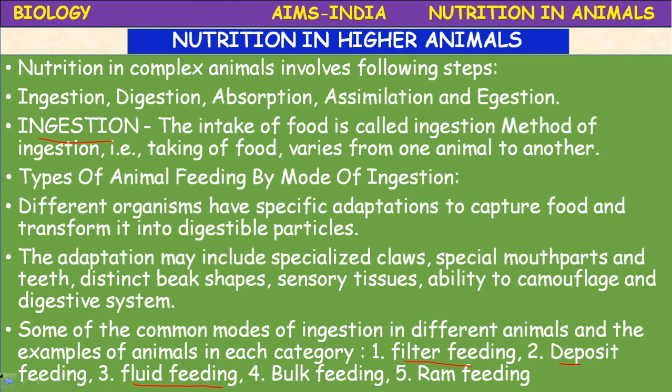Next type of feeding, bulk feeding. Bulk feeding is whereby the predators get the required nutrients by eating all of the prey. Some animals may exhibit the behavior by eating the prey in small pieces, first chewing and swallowing, while others swallow the prey whole. So that is called bulk feeding.